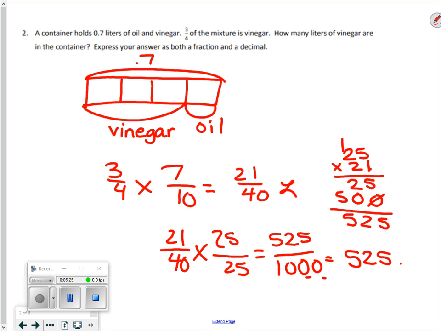Decimal back there. 1, 2, 3. 525,000 of a liter.